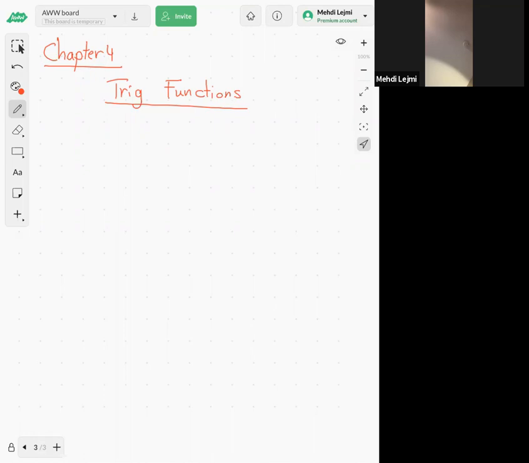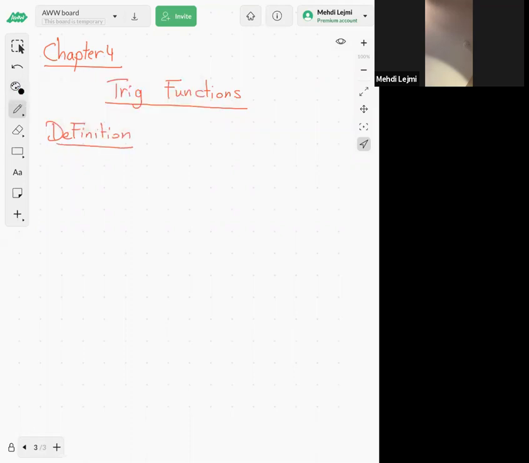But first, before the trigonometric functions, I'm going to introduce the angles and how to measure angles, etc. Right. So first, let me start with the definition of an angle. So what's an angle? An angle is formed by 2 rays. So let me just write down here: definition of an angle.